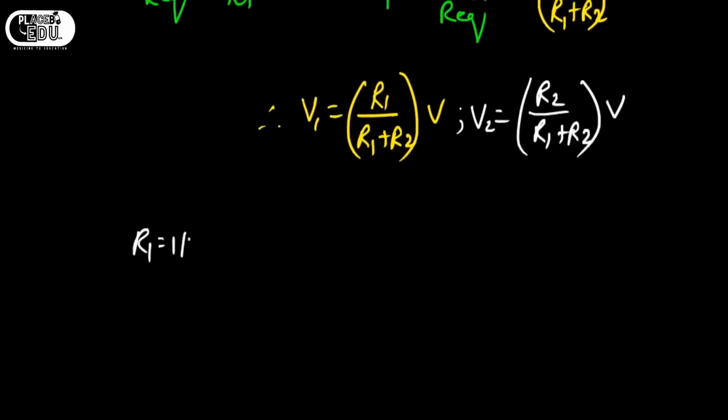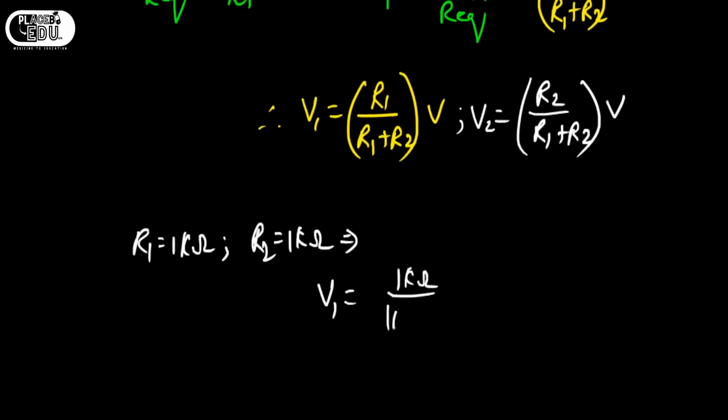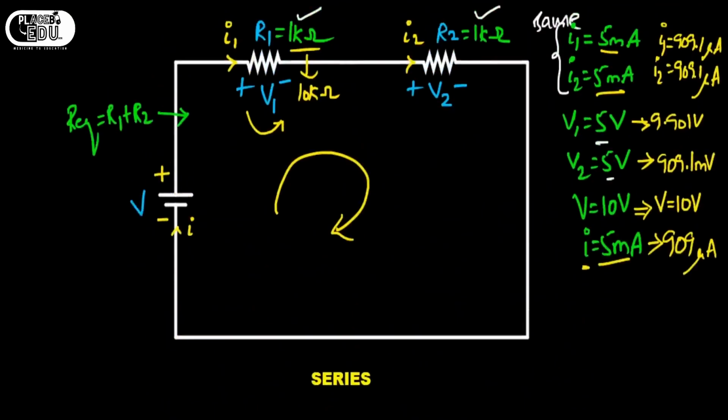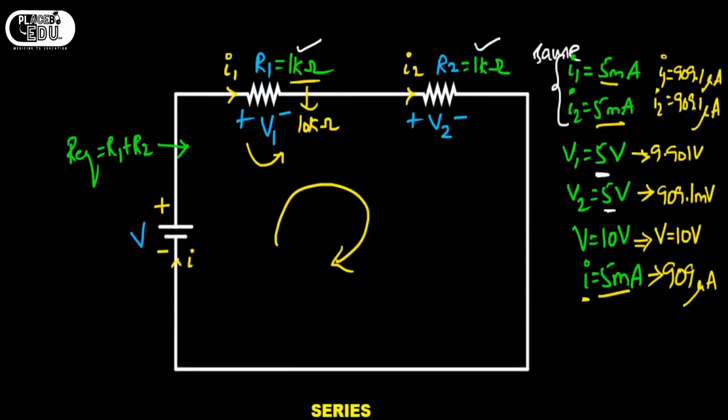R1 equals 1 kilo ohm, R2 equals 1 kilo ohm, which implies V1 will be 1 kilo ohm by 1 kilo ohm plus 1 kilo ohm into 10 volts. 1 by 2 into 10, 2 5s, and the kilo ohms will be cancelled, so 5 volts. Understand? Similarly for V2 it will be 5 volts. Therefore we got 5 volts and 5 volts.